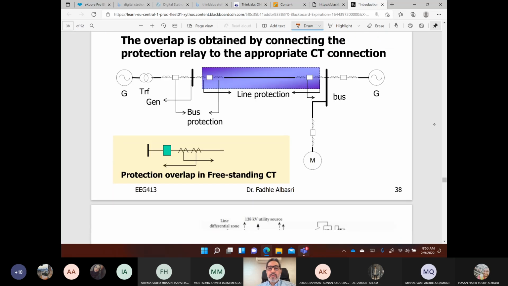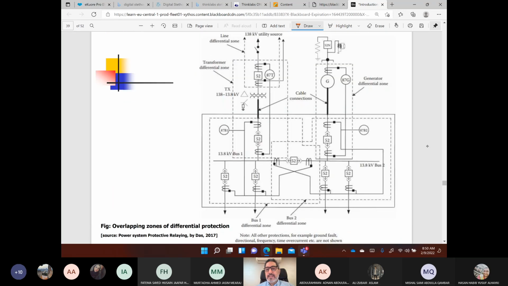Okay. So this is an example also of a system with the overlapping of zones. Here it just shows the differential protection to detect a fault in the generator winding. I have a CT here and a CT here that feeds the relay.